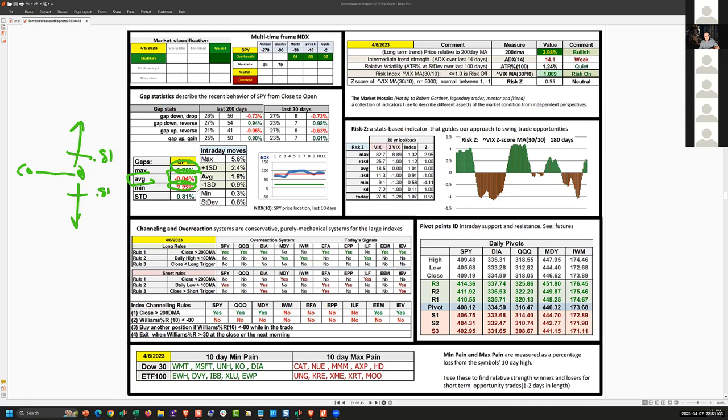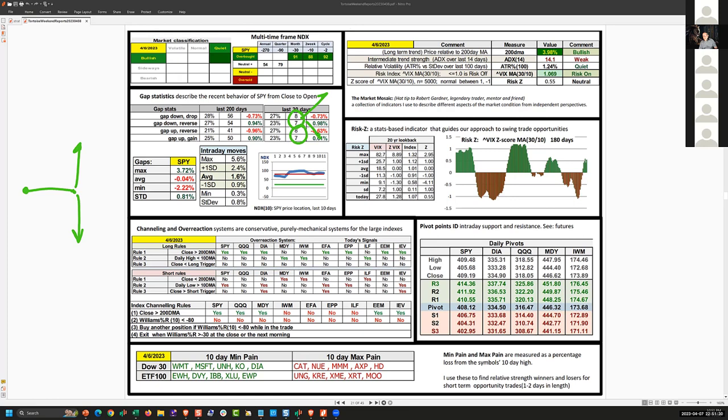Now, why do I care about that? It turns out that the direction of the gap does not predict whether it's going to go north or south. You can see that now. It's almost equally split about whether it gaps up or down. It's equally split about whether it continues higher or goes lower.